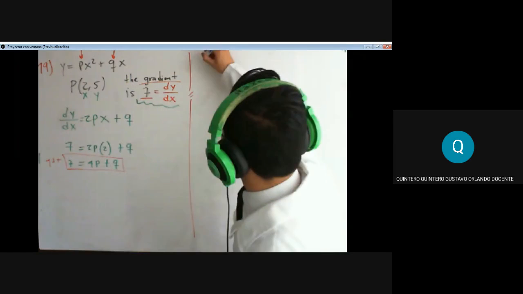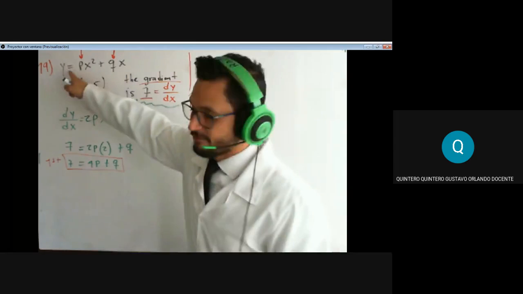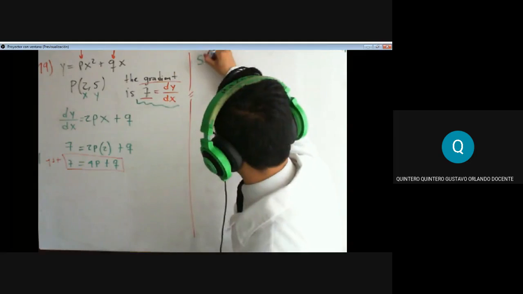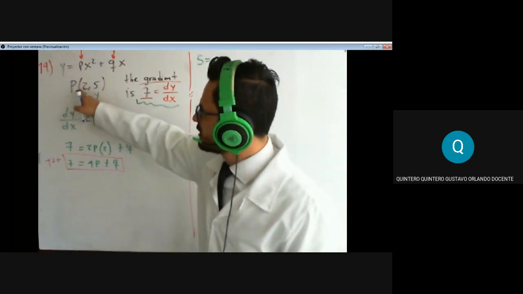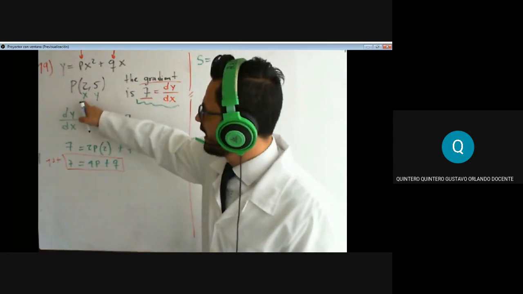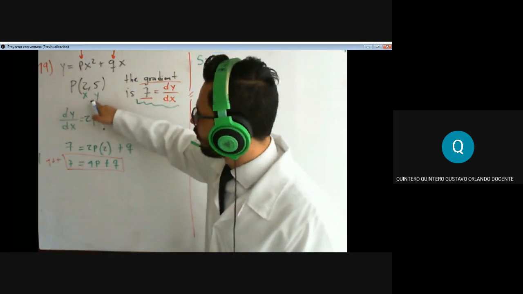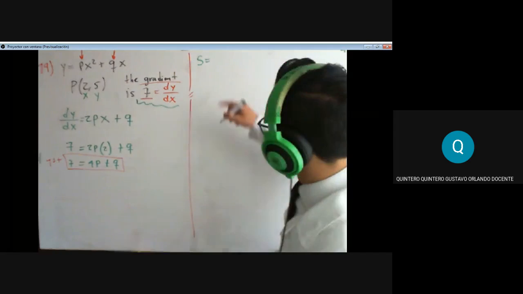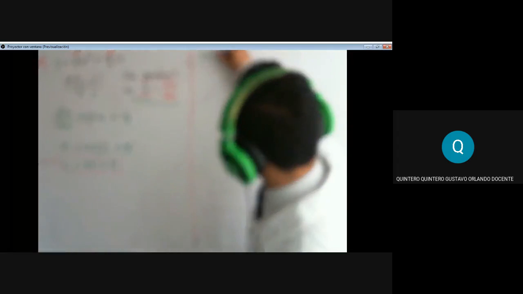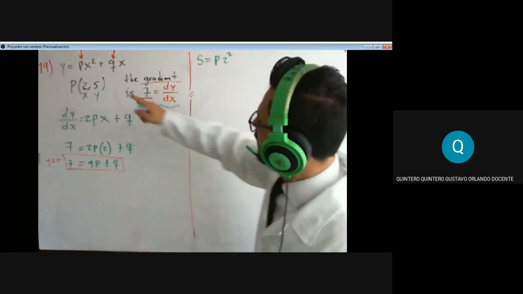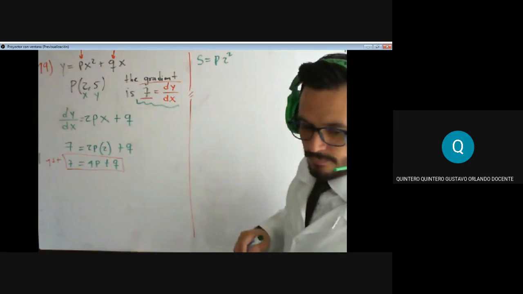So y is going to be the value of y. So 5, remember, our point is (2, 5). 2 is for x and 5 is for y. So if I replace the values of x and y, I'm going to have a second equation. So 5 equals p times x, which is 2, 2 to the 2, right?